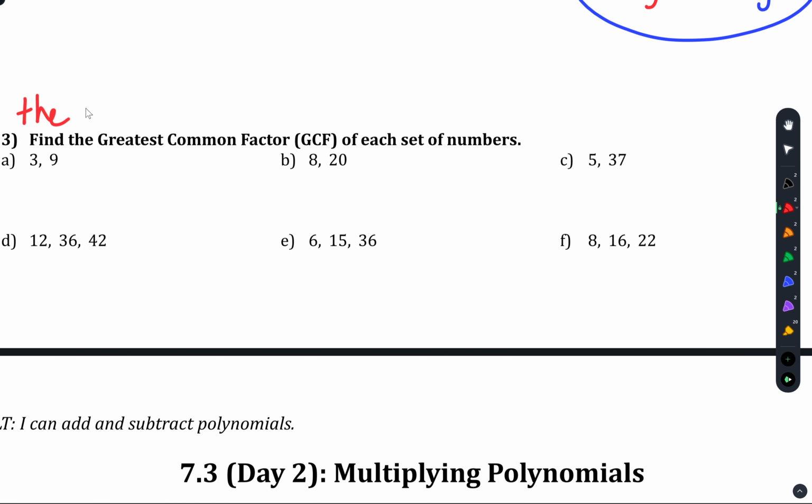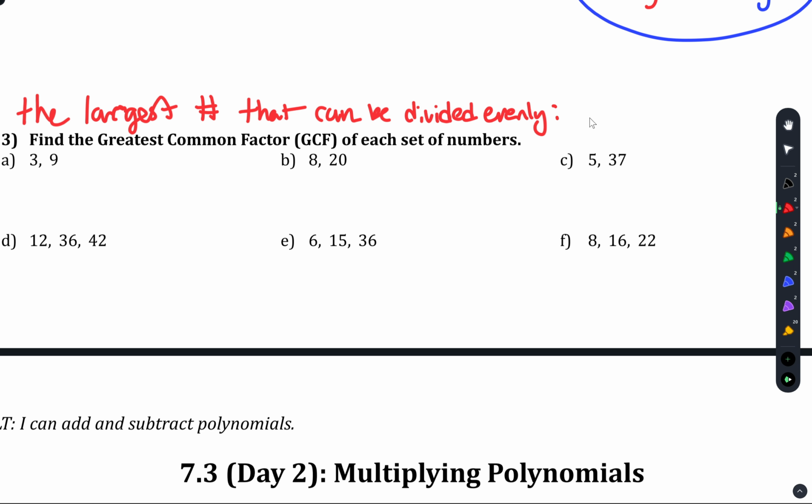Yes, the largest number, let's write largest number that can be divided evenly into a set of numbers, which is a long definition that just means what is the biggest number that we can take out of all of those numbers evenly, right?